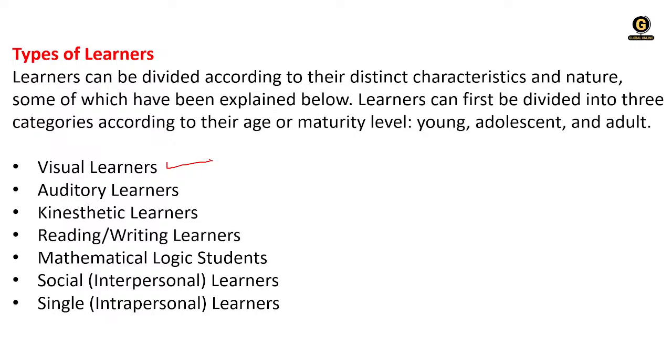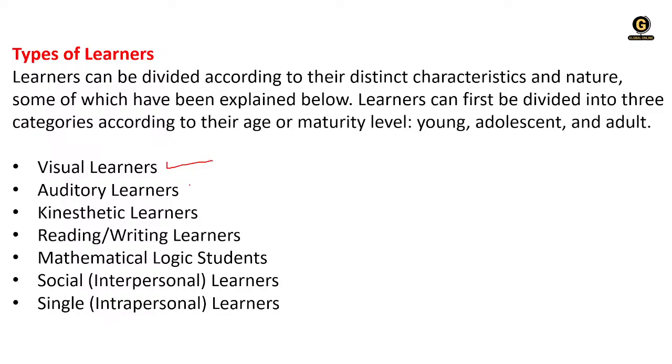They get more knowledge from that, they understand better by seeing images and watching videos. They see the picture, they watch the video, they examine the charts, the props, objects, and then they learn. Those are called visual learners, getting it?